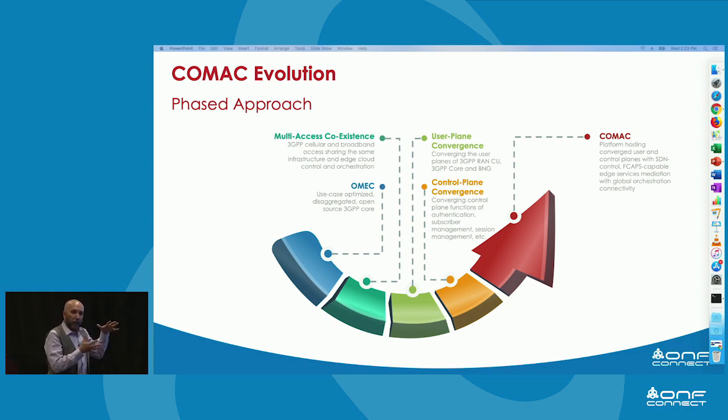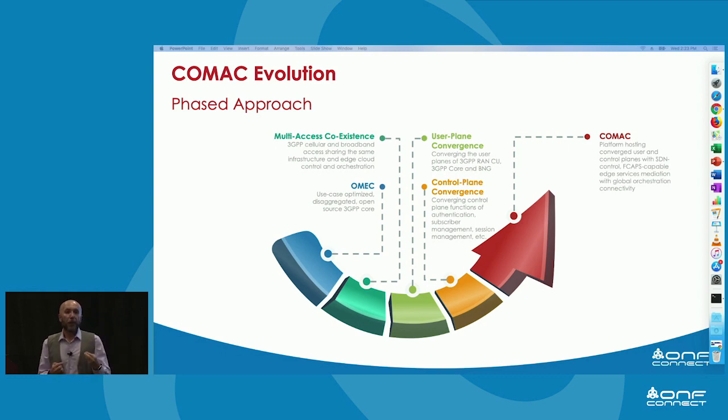And once we are there, then the next phase would be to start discussing the user plane convergence. Specifically, we will be looking at the RAN CU user plane, the EPC or the core network user plane, and the BNG user plane convergence. And the last phase is going to take us to control plane convergence.